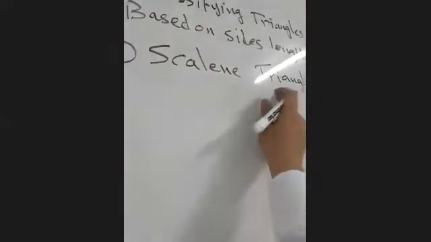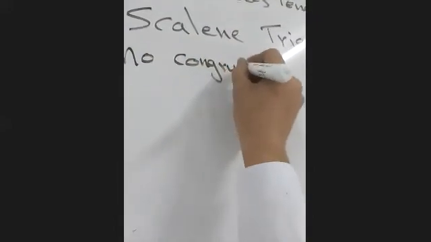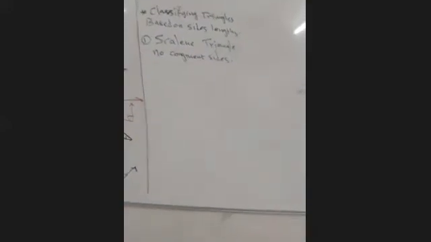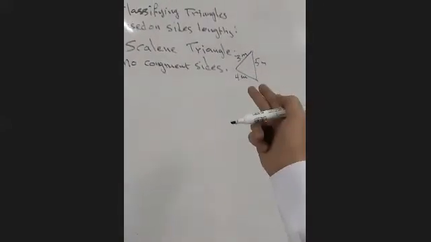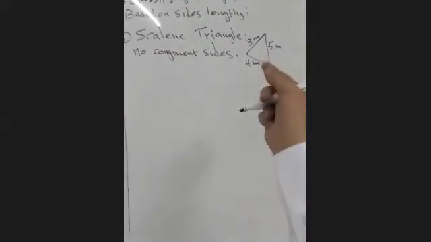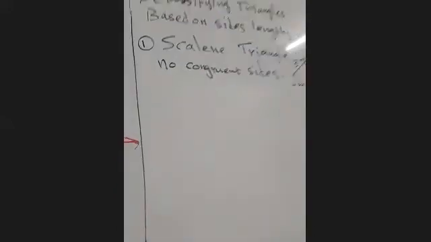In the scalene triangle, no congruent sides. Like, for example, this triangle: 3 meter, 5 meter, 4 meter. So we have a triangle with 3 different sides, no congruent sides. What do we call it? Scalene triangle.